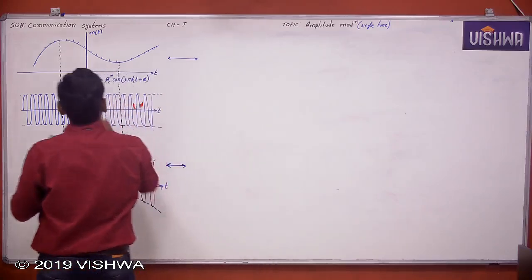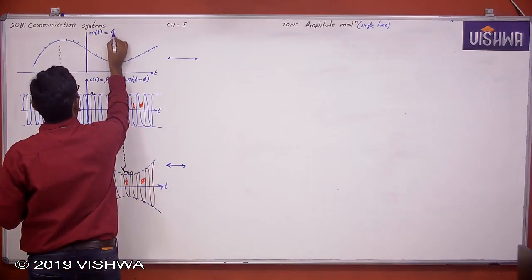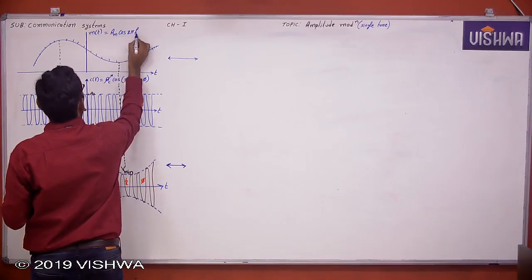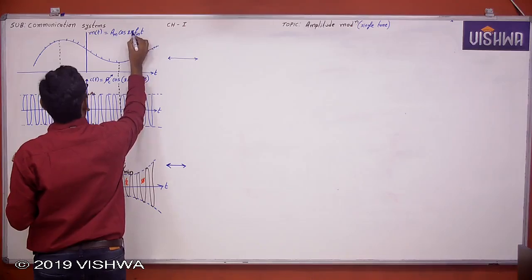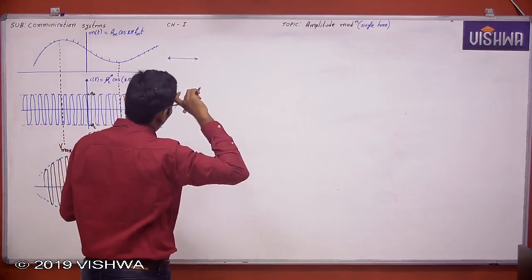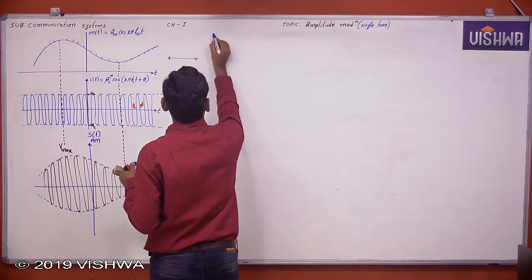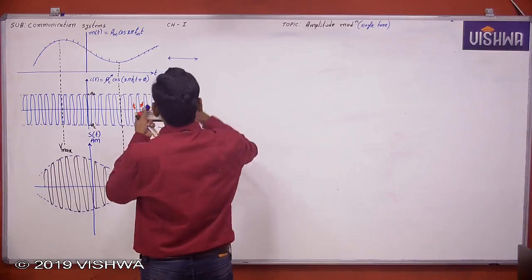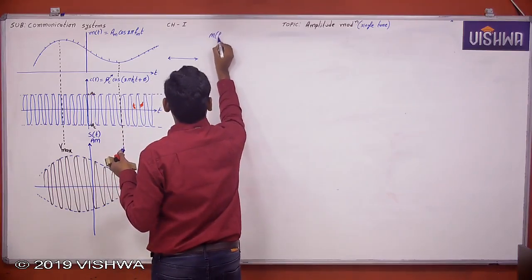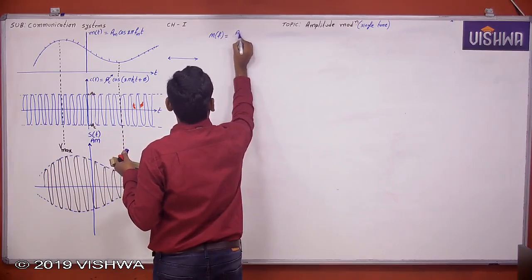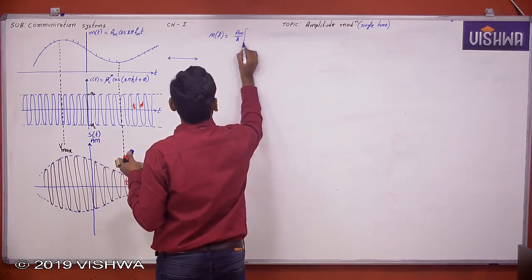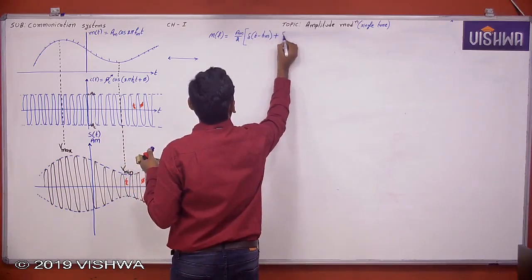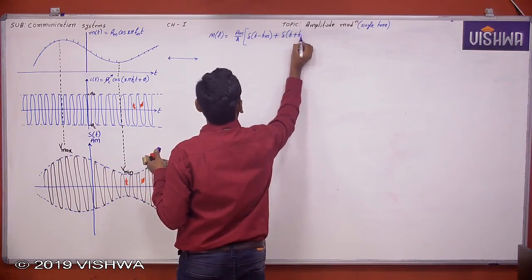Now m of t you want to represent here. What is m of t? Am cos 2 pi fm t. Now m of t spectrum, m of f, what is m of f? It is Am by 2 into delta of f minus fm plus delta of f plus fm.